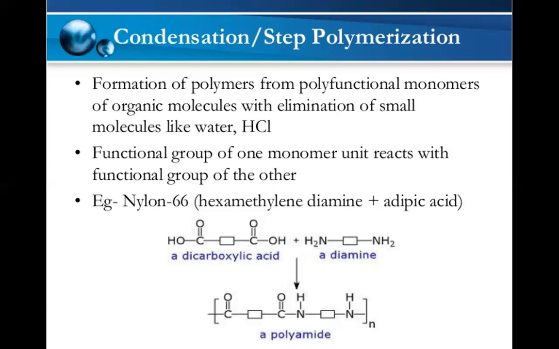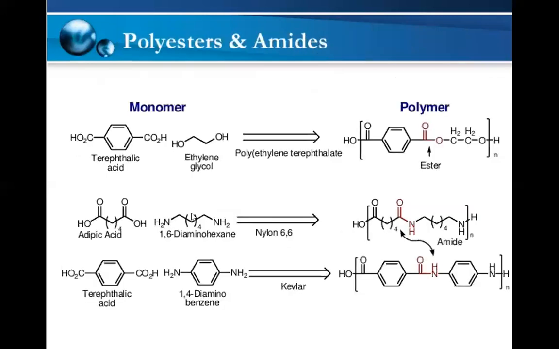So it is the formation of a polymer from polyfunctional monomers of organic molecules with elimination of small molecules like water, HCl. The functional group of one monomer unit reacts with the functional group of another. An example is nylon 6,6. Coming to another example, terephthalic acid with ethylene glycol.